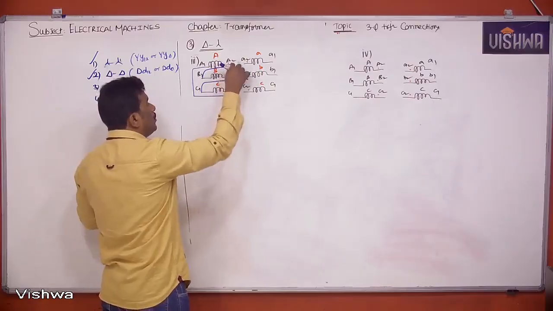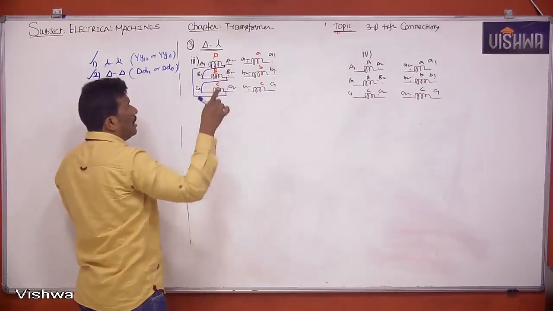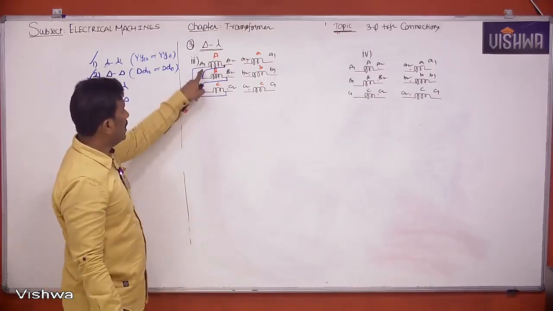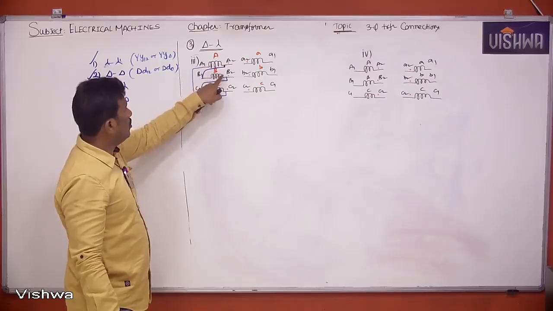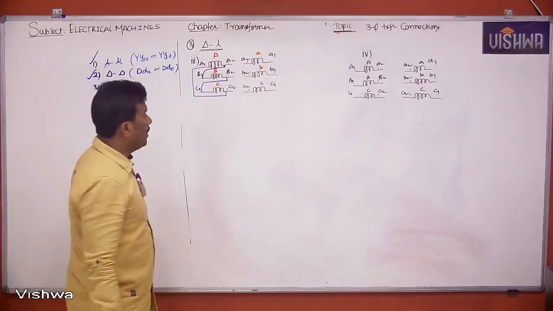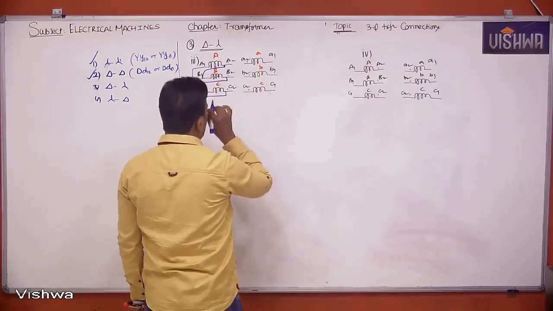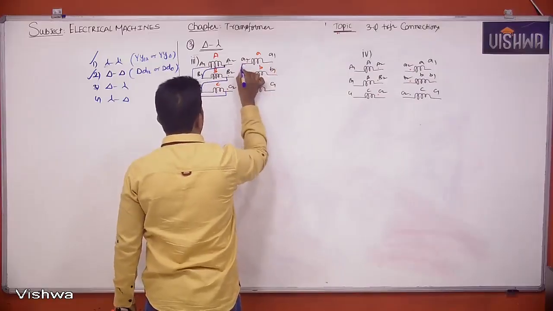Though you are giving input to A2, B2, C2, there is a difference between this connection and the case 1 and case 2 primary connection. There, between A1 and A, I connected from A1 to B2. Now I connect from A2 to B1. And here I'll take output from A1, B1, C1.